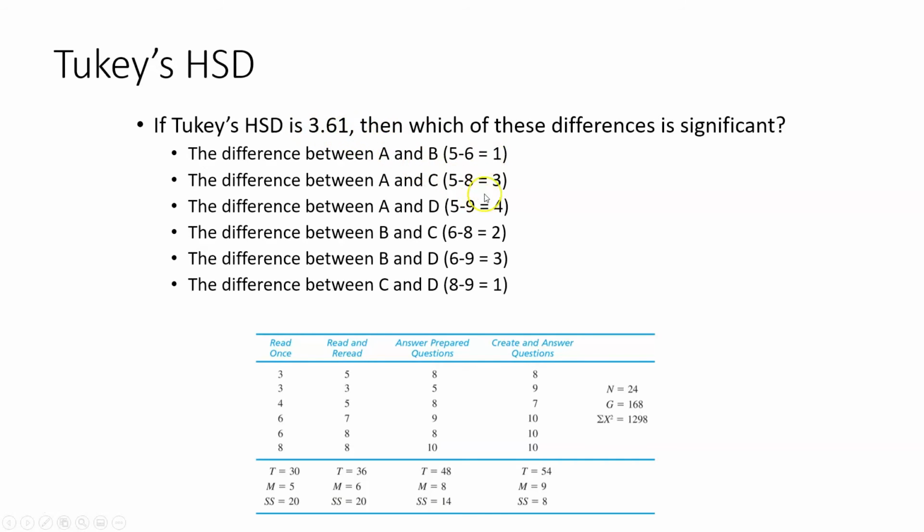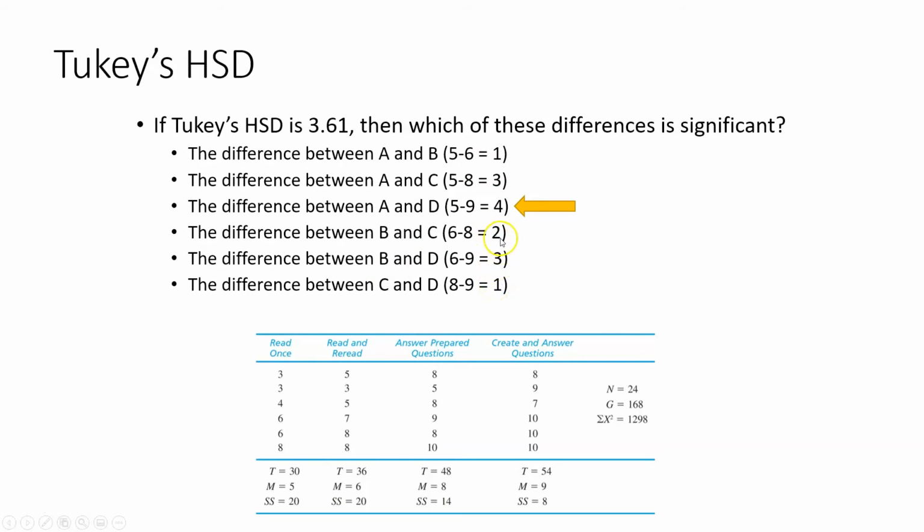And you should notice that only one of these is larger than 3.61, so that is the only mean difference, 9 compared to 5, that's actually significantly different from each other. All the rest of these are not different from each other.